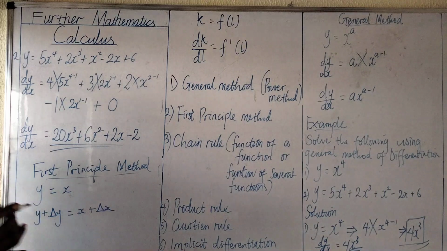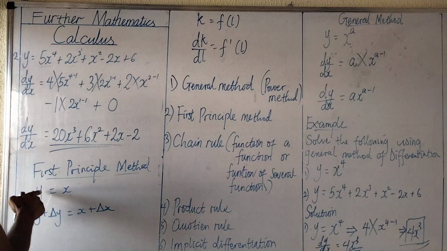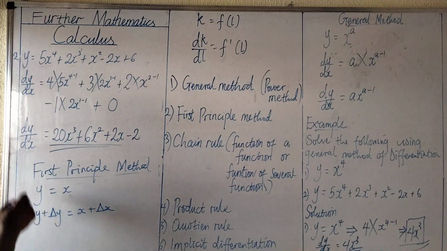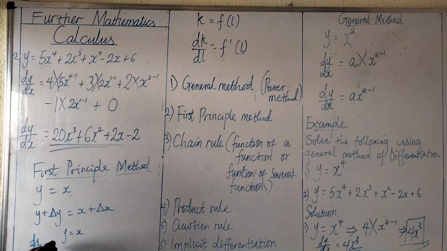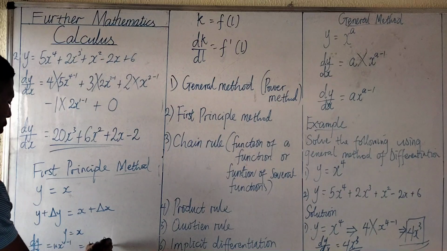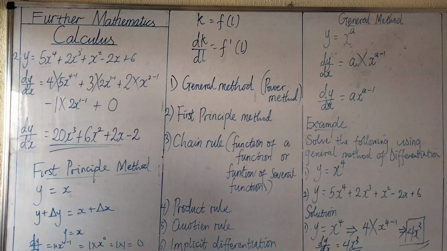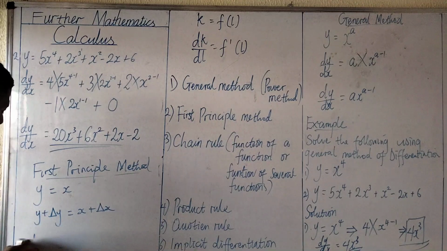If you want to know what we're talking about, if we differentiate this using the general method, let's say y equal to x, then dy over dx will be x raised to the power 1 minus 1, which will be 1 times this. x raised to the power 1 minus 1 is 0, so we are going to have 1 times x raised to the power 0, which is 1 times 1. So if we differentiate x, you have 1.